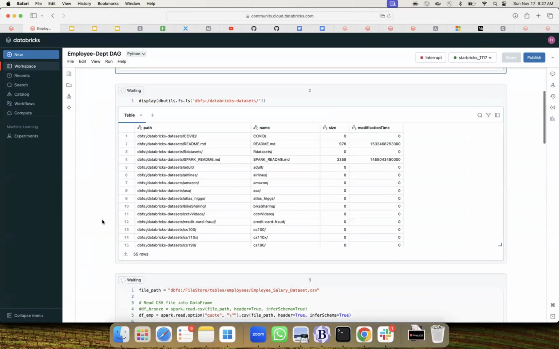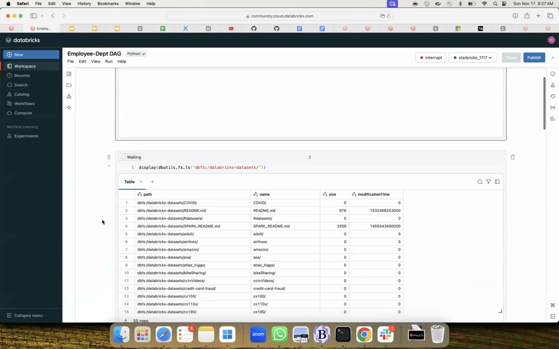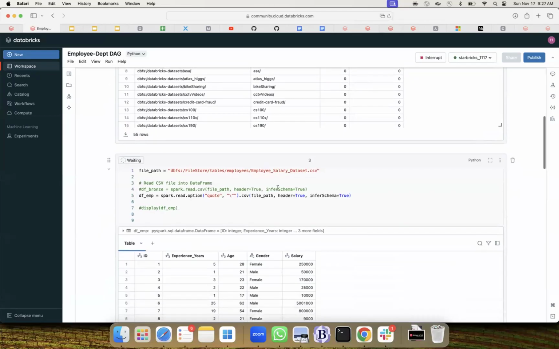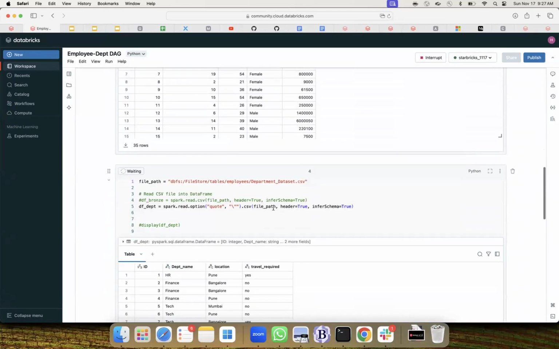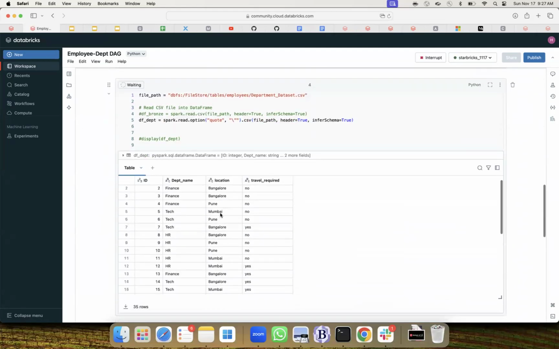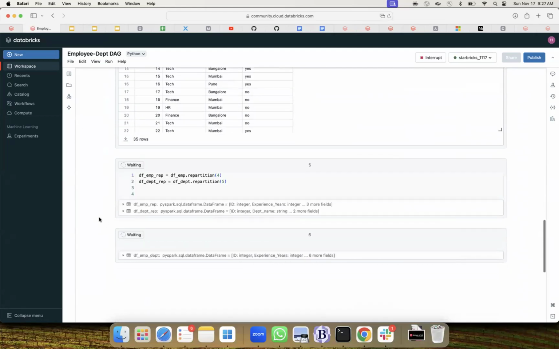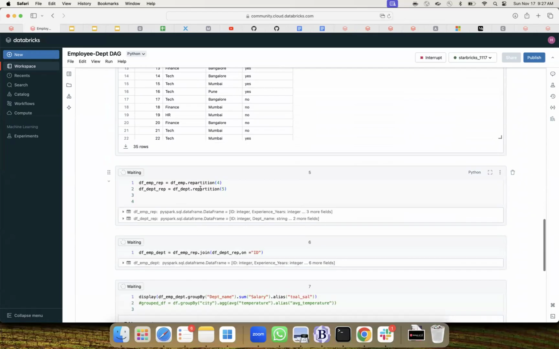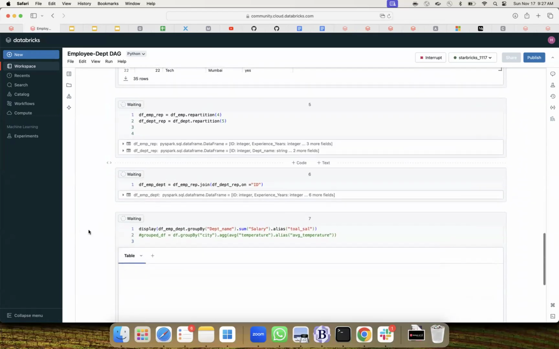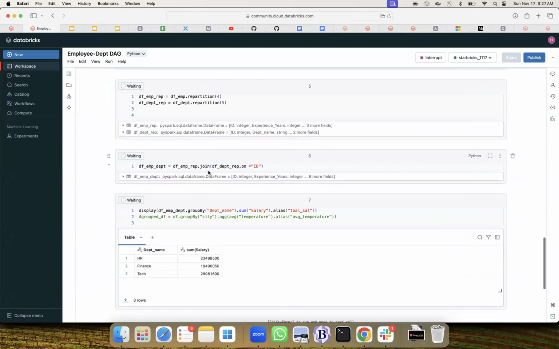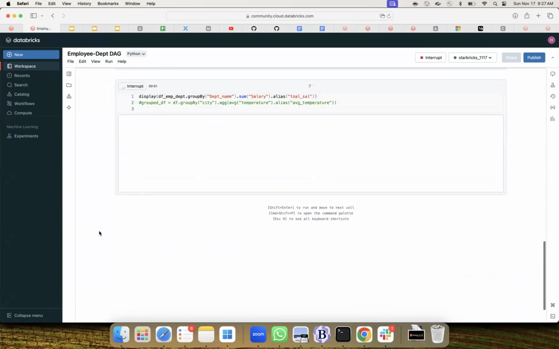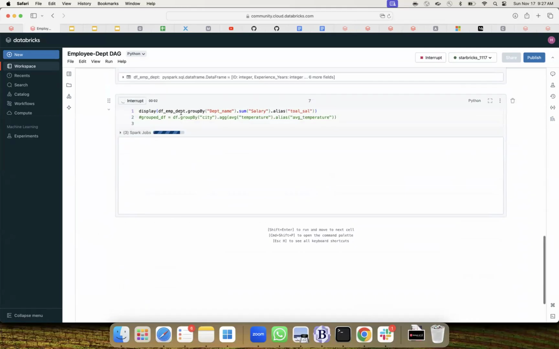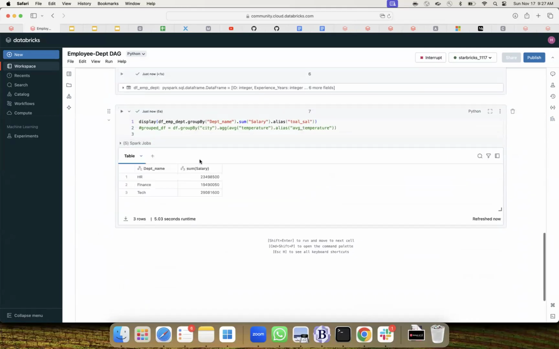So we have seen what we are doing. We are reading the data from the employee salary data set. Then I'm reading data from department, and then I'm doing repartitioning of these two data sets. Then I'm joining these two data sets and doing a display. Okay, so this is all I have done.